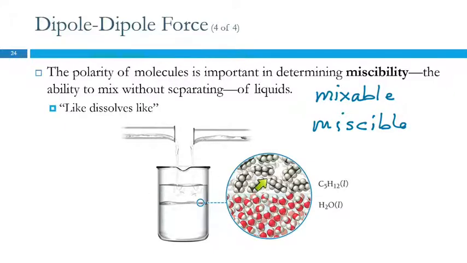The illustration here is with pentane and water. These are nonpolar molecules. They're held together by just dispersion forces. The water has dispersion forces in addition to dipole-dipole forces. And so these water molecules are attracted to each other very strongly, much more strongly than they are to the pentane, or that the pentane are to each other.